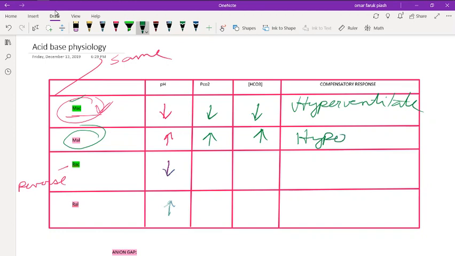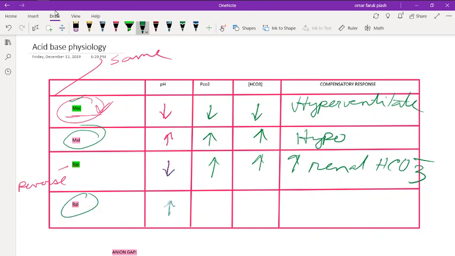In respiratory acidosis, the direction would be reverse, that is PCO2 is high and bicarbonate is high. And here you have to compensate by the renal pathway. For this you have to increase renal bicarbonate reabsorption.